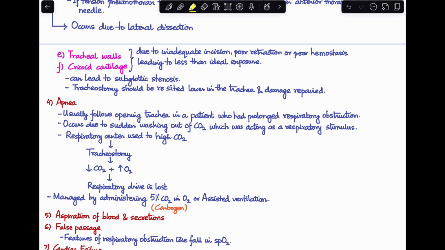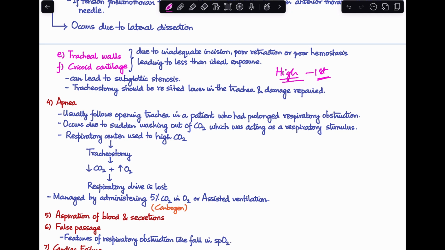Now, if the cricoid cartilage gets damaged, we have spoken about this in my last video, where I discussed that it can lead to the development of subglottic stenosis. This is the reason why we usually avoid performing a high tracheostomy, which is usually done through the first tracheal ring. Because the first tracheal ring lies in very close approximation to the cricoid cartilage, it poses a risk of forming subglottic stenosis.